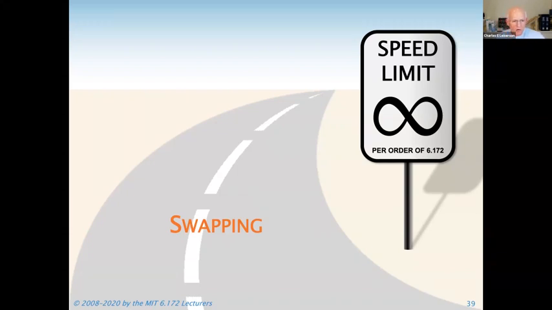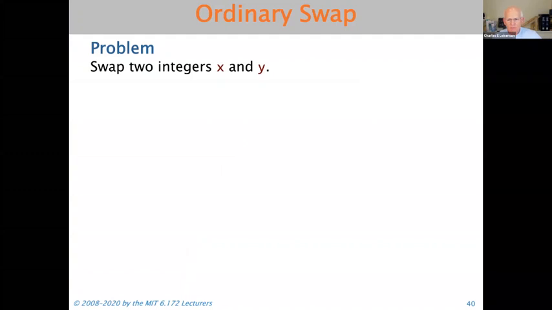Yes, swapping. Coming up is one of my favorite bit hacks, but first let me set it up. You've probably had to swap 2 pieces of furniture in your apartment, say swapping your desk with a couch.